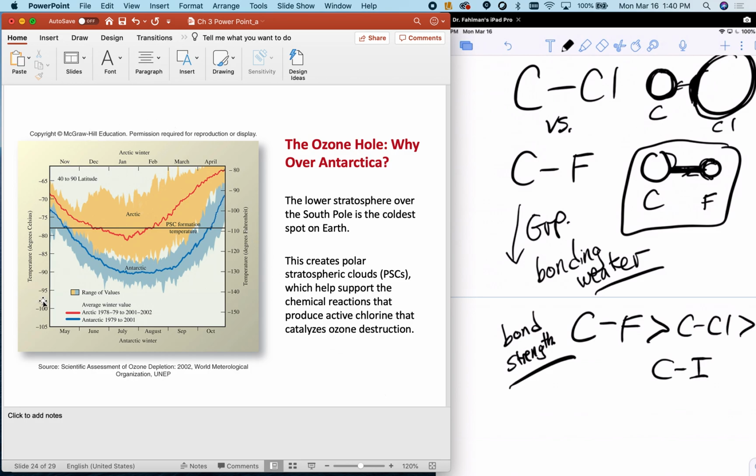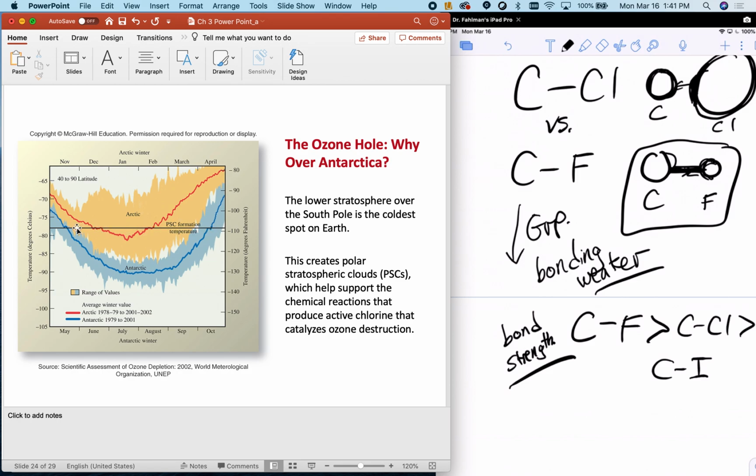It's kind of a busy figure, but if you look at the average temperatures around the North Pole, the Arctic, it gets cold, in that range of minus 70 to minus 80 something. But in Antarctica, it's much colder, like minus 95, minus 90.